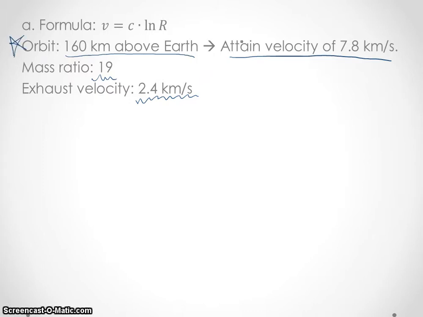So we'll put those numbers to the side for right now, because our particular situation tells us that the mass ratio is 19 and the exhaust velocity is 2.4 kilometers per second. Our goal is to get to what we have here for our orbit. These are our goal numbers, but our actual numbers that we're going to use for our equation are these two right here.